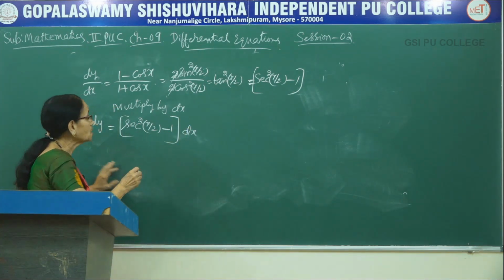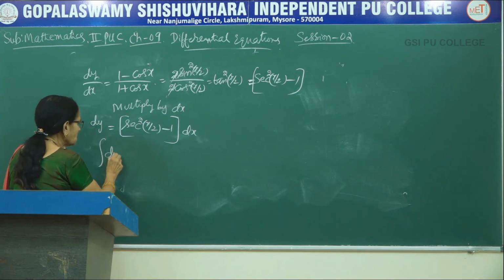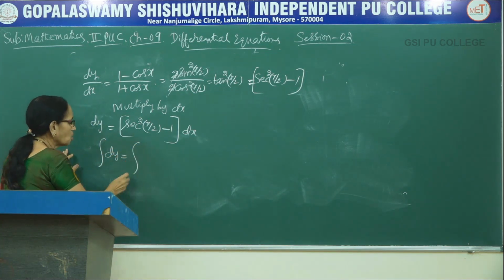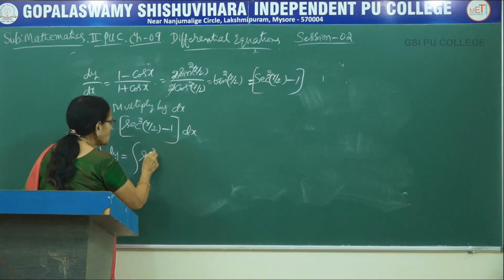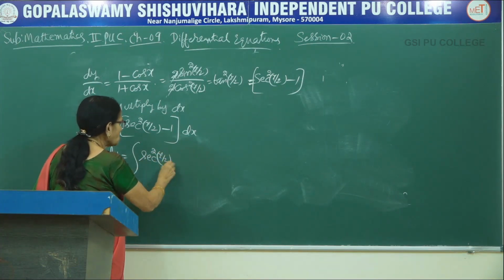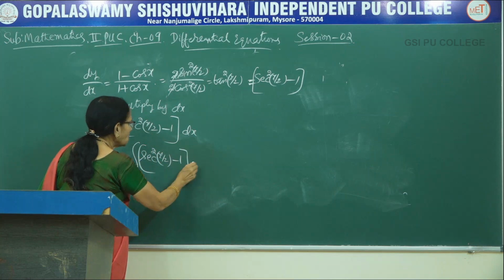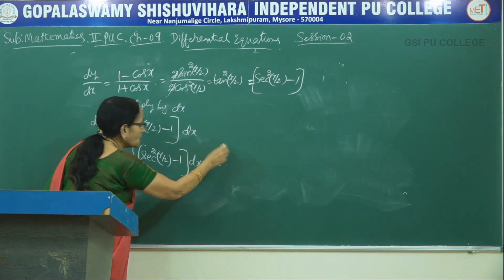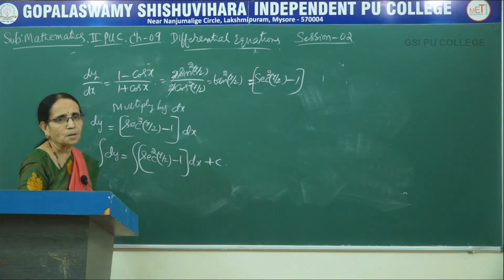Now, let us integrate, that is integral dy equal to integral secant square x by 2 minus 1 into dx. Immediately you add the constant.